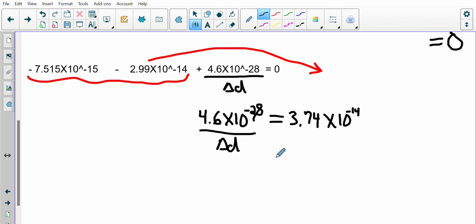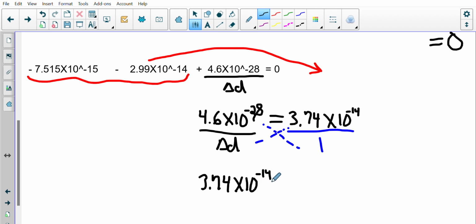All right, now next up, anytime I have something equaling a fraction, I always like to create a fraction equaling a fraction so that I can cross multiply. All right, so I'm going to end up with 3.74 times 10 to the power of negative 14 times my delta D is equal to 1 times 4.6 times 10 to the negative 28, which is just going to stay the same.